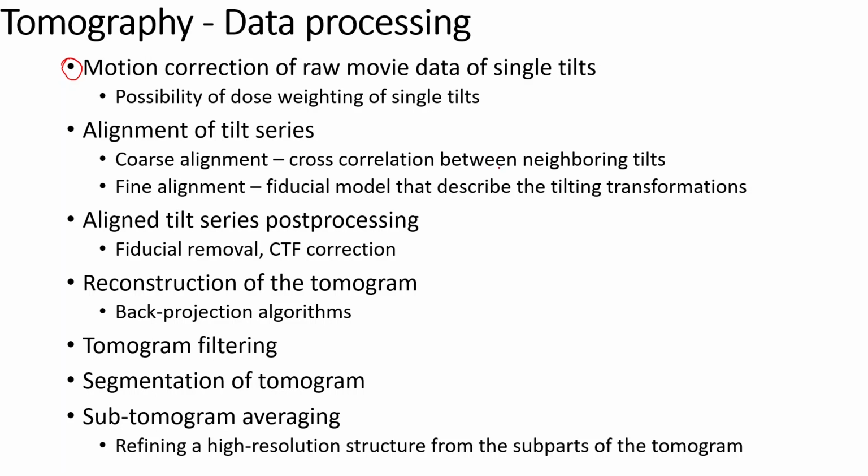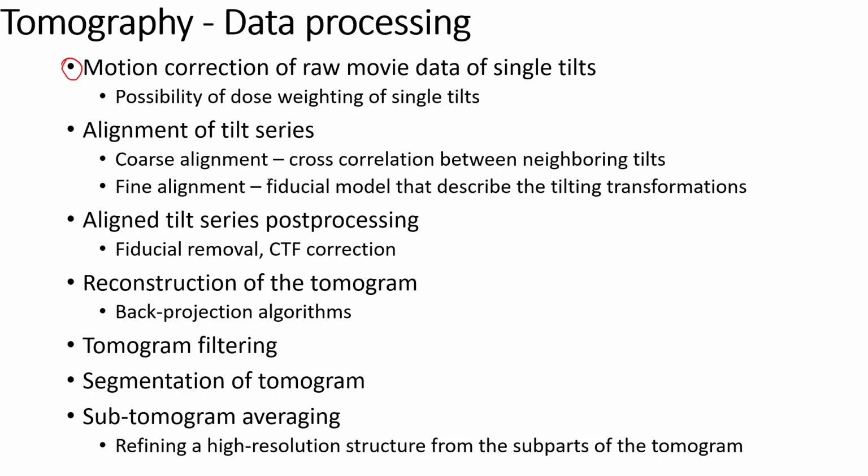So we will take our first tilt image, then we move by 1 tilt step to, let's say, +3, and do cross correlation between these 2 images and see how the image needs to be shifted to match the previous tilt perfectly. Then we move forward to the next and next and next tilt, so that we will have a nicely coarsely aligned tilt series.